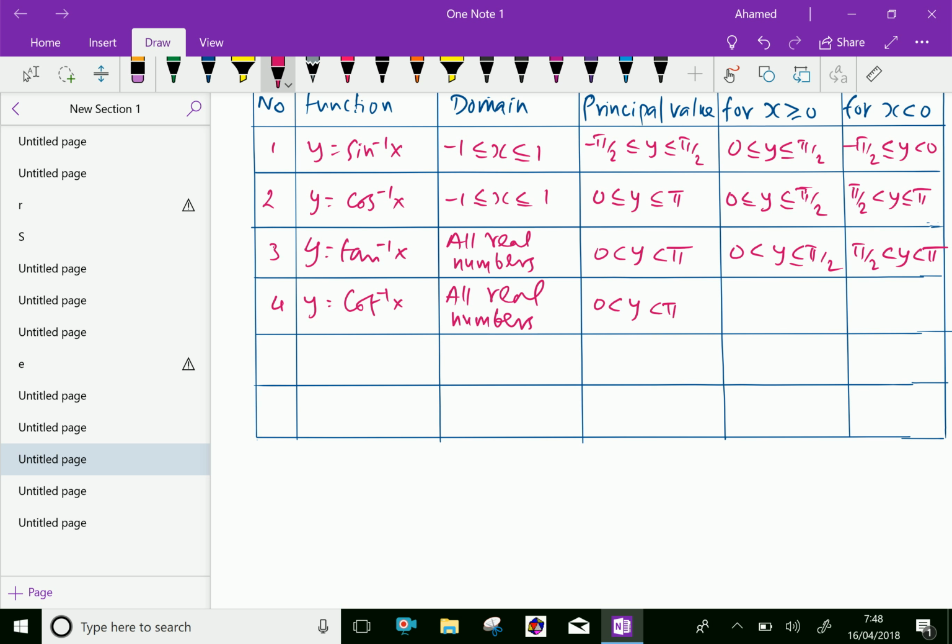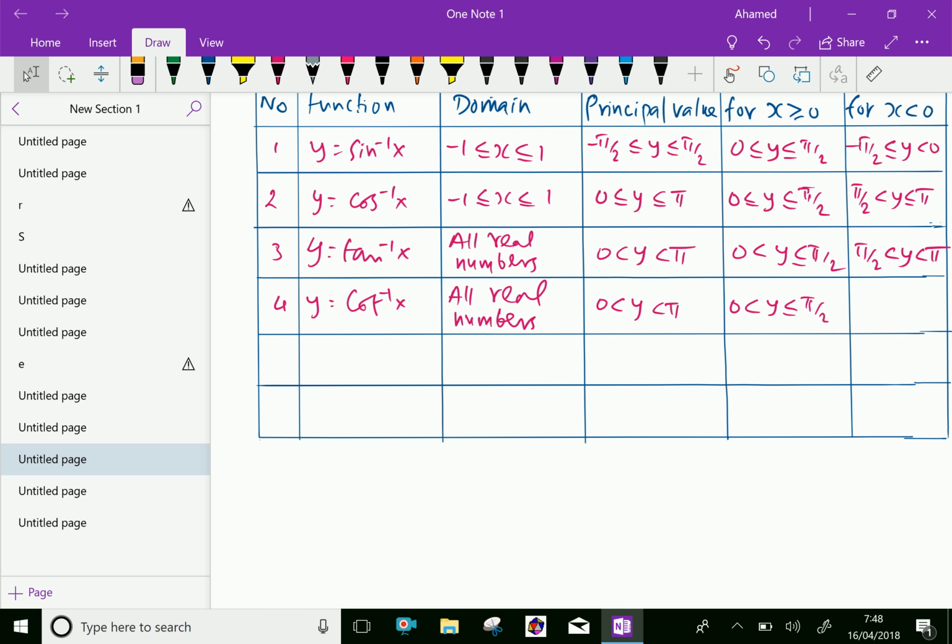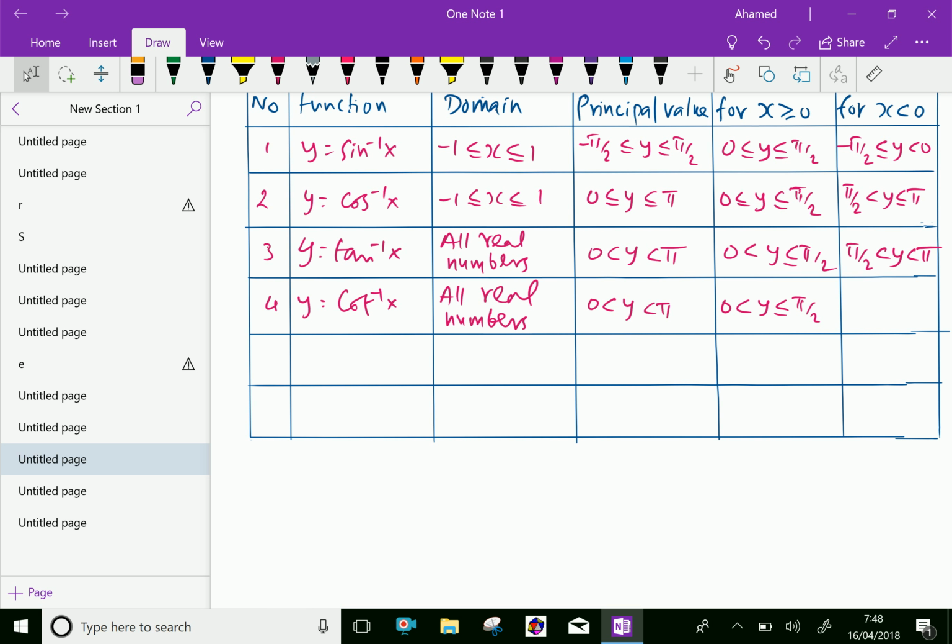And for x is greater than or equal to 0, that is 0 to y, lesser or equal to pi by 2, for x is lesser than 0 the principal value is pi by 2 lesser than y lesser than pi.